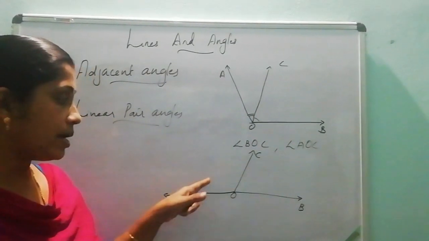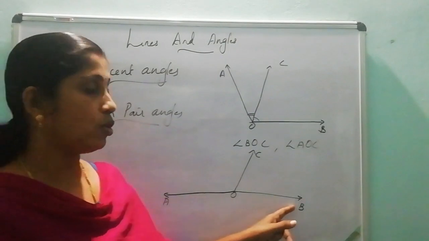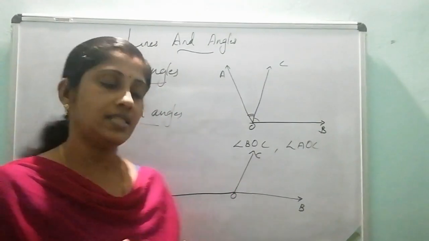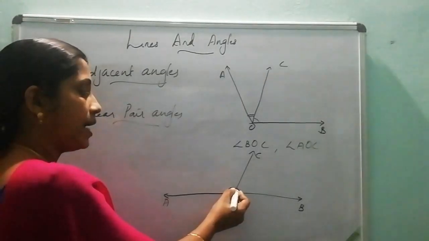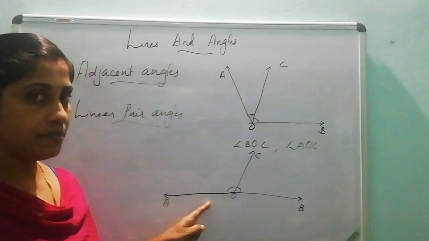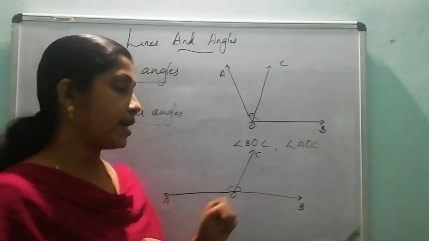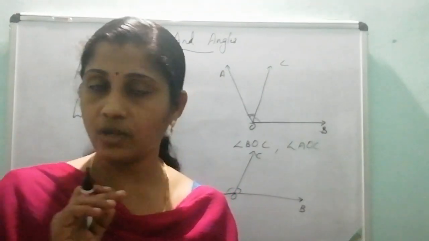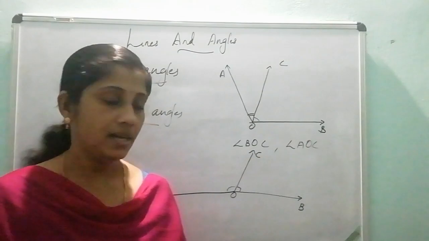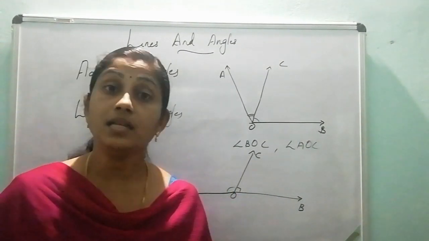If the non-common arms form a straight line, here the non-common arms are OA and OB, then we can say that these two angles are linear pair angles. Angle AOC and angle BOC are a linear pair.